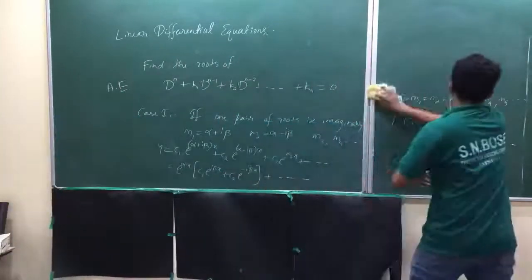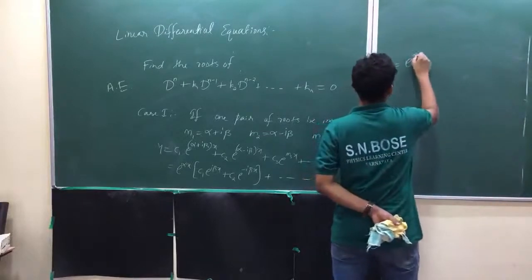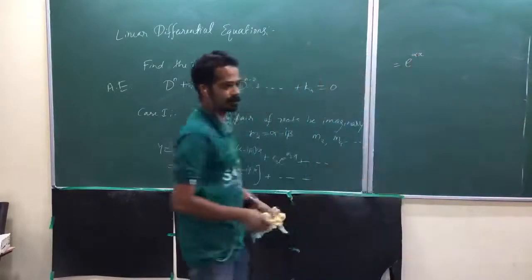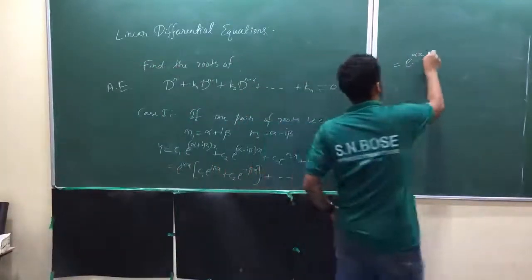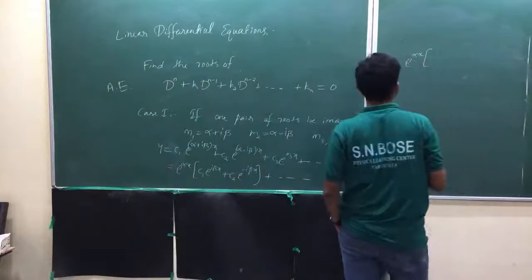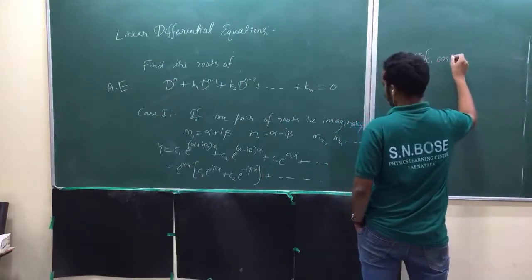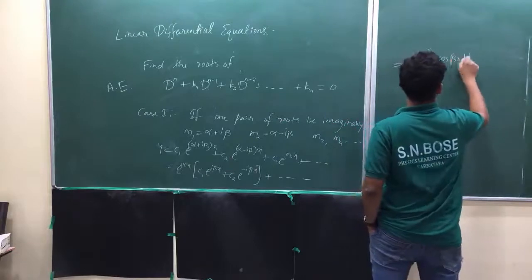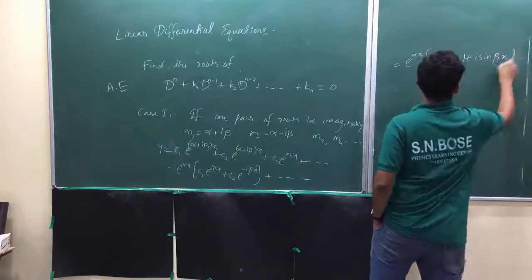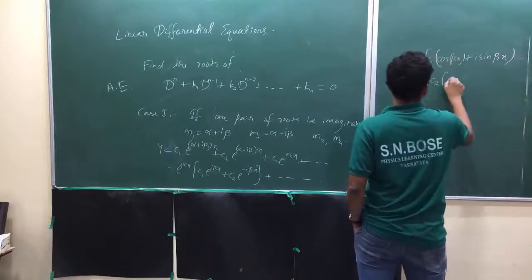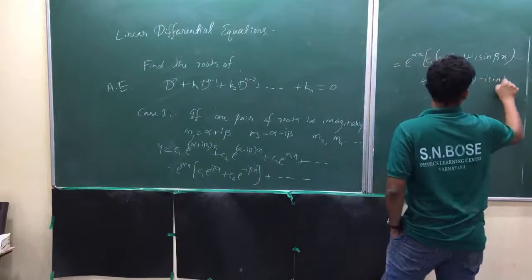You can use your Euler formula to write that one as e power alpha x multiplied with, c1 into cos beta x plus I sin beta x plus c2 into cos beta x minus I sin beta x.